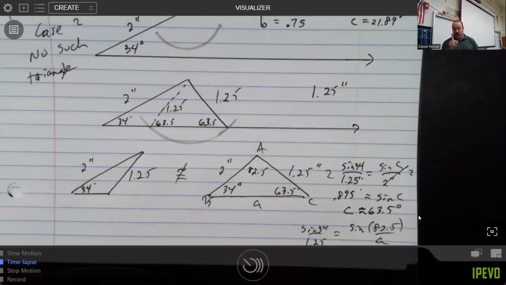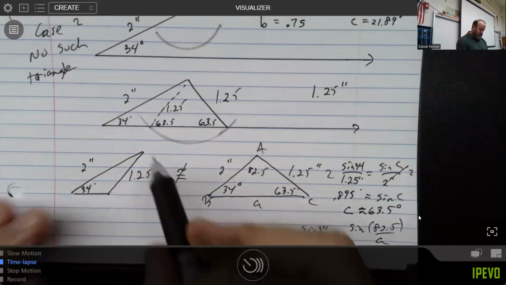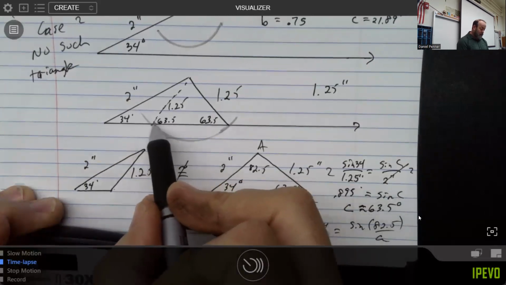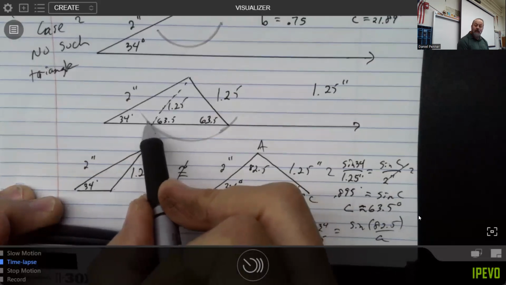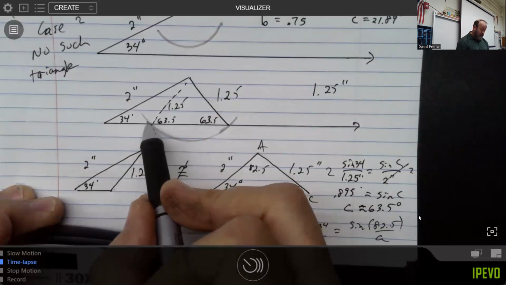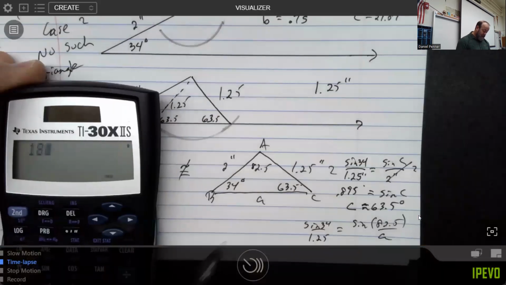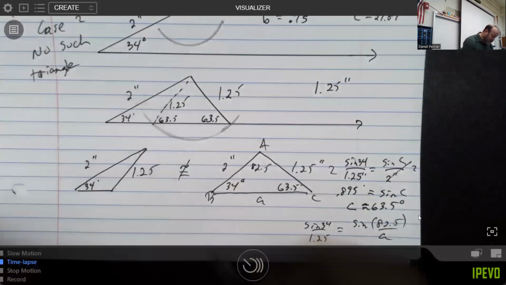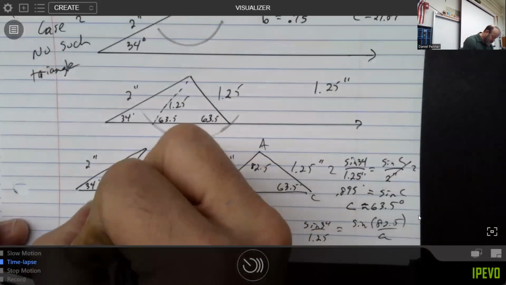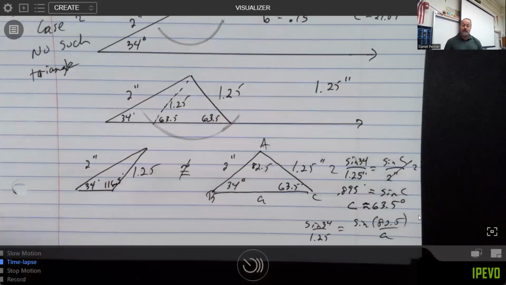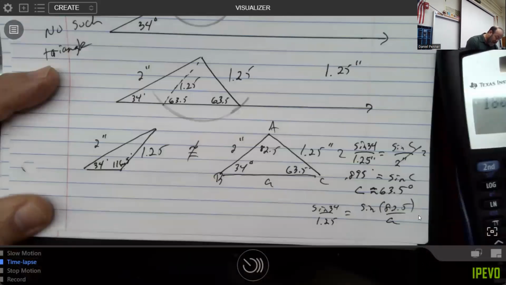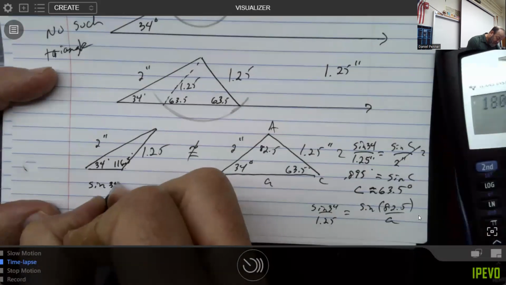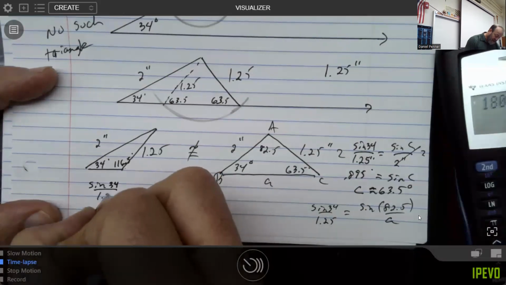And that is the key, because in the picture, these two things right here would be linear pairs. This angle plus this angle make a line, and therefore they need to add up to 180 degrees. So if I take 180 and subtract 63.5, I'd find out that this angle right here is 116.5 degrees.